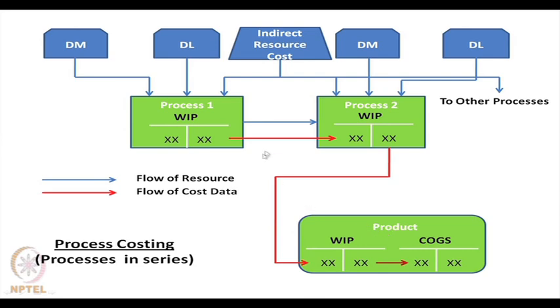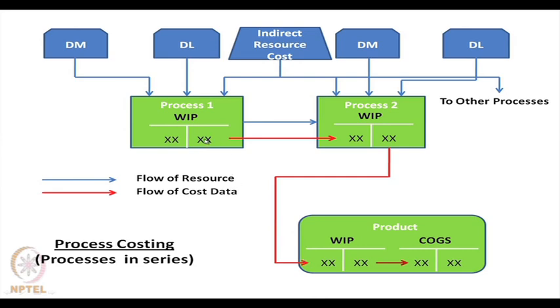So, here we are assuming that the processes are in series. As before, the resources are applied not only to these processes, but to other processes as well. These are the flow of our resources, direct and indirect, and these are the flow of costs.